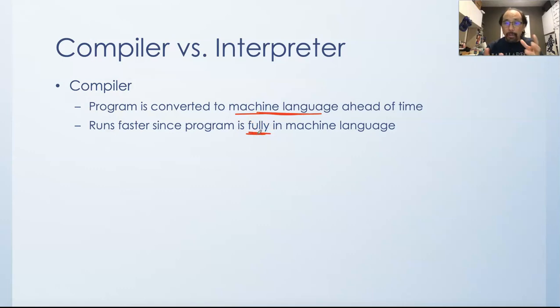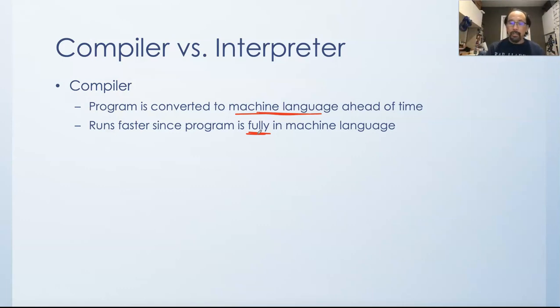Now, an interpreter is different. The interpreter, on the other hand, is as if you were to visit another country. If I were to go to China, I don't speak Chinese. And so I would need an interpreter. And I would tell the interpreter a single sentence. The interpreter then translates and speaks it in Chinese. And then we repeat sentence by sentence.